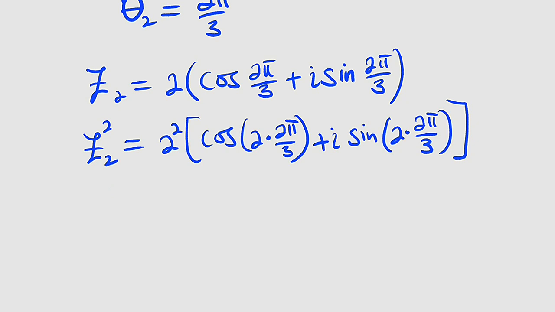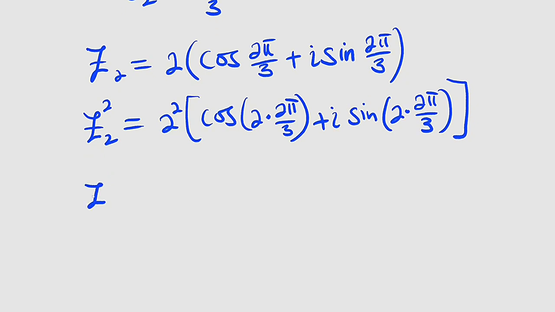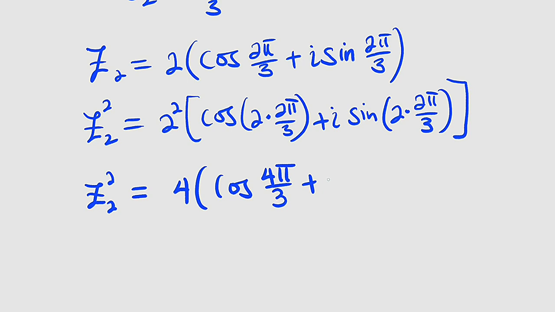If you simplify this, Z2 to the power of 2 will be equal to 2 to the power of 2 is 4, multiplied by cosine of what? 4 pi divided by 3, then plus i sine of what? 4 pi divided by 3.